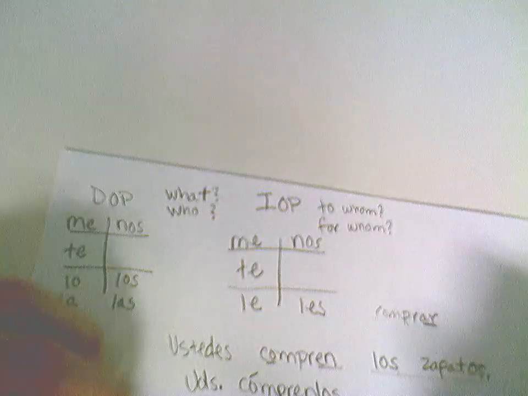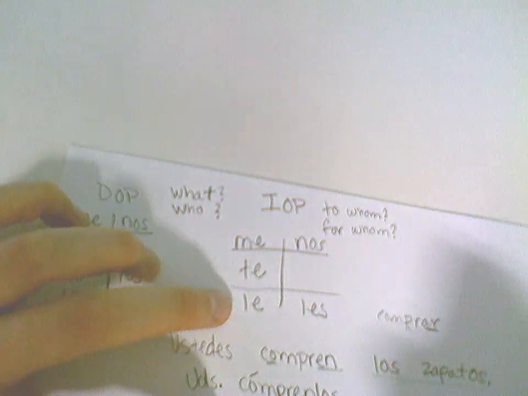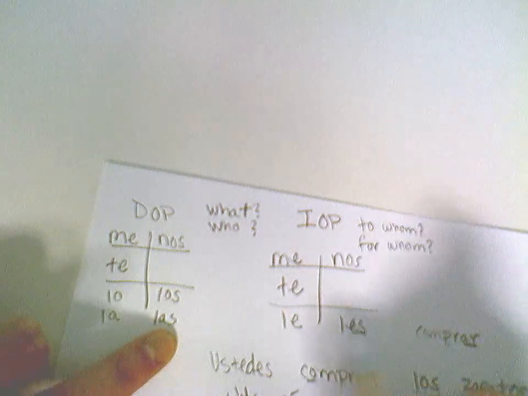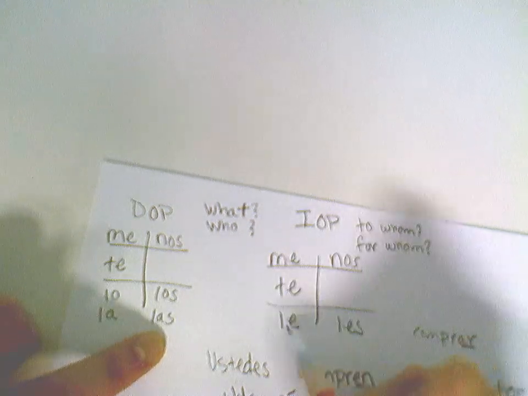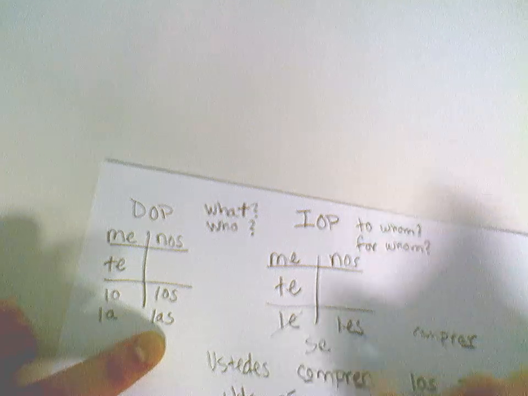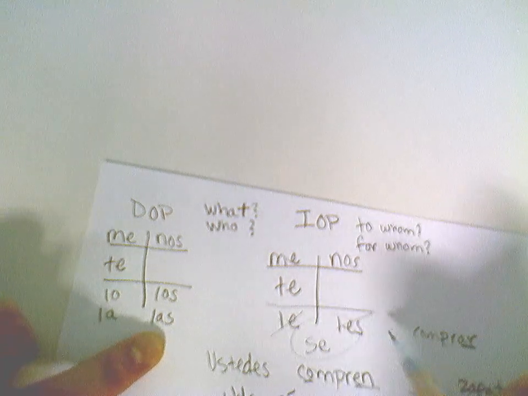So to represent mom, the indirect pronoun will be le, right? Singular. Okay. In Spanish, if you're using these two bottom boxes with these two bottom boxes, you cannot have two L's together. So this will automatically switch to se, and that applies to the singular and to the plural.